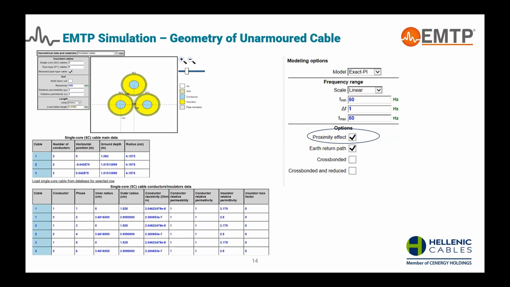The data inputs are as shown in the table behind. And in the 4.2 version, the representation of the cables is better shown in the upper left image. Of course, the most important thing is the proximity effect inclusion, as you can see on the right side of the slide.